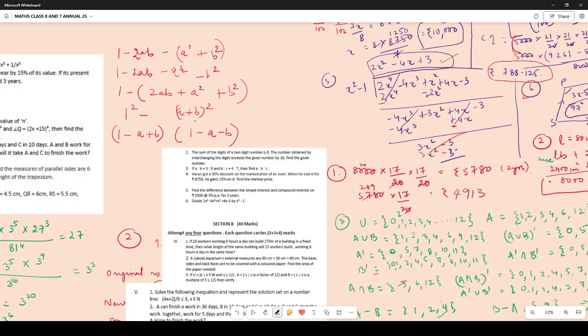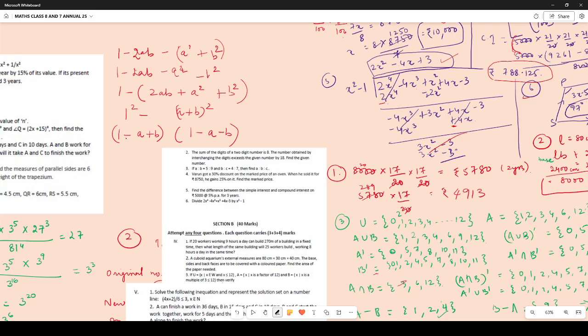So a square minus b square, a minus b into a plus b, right? So sorry, a minus b into 1 square minus a plus b whole square.